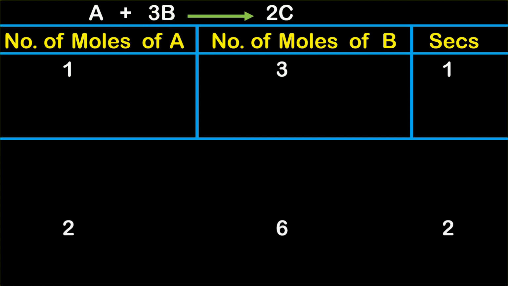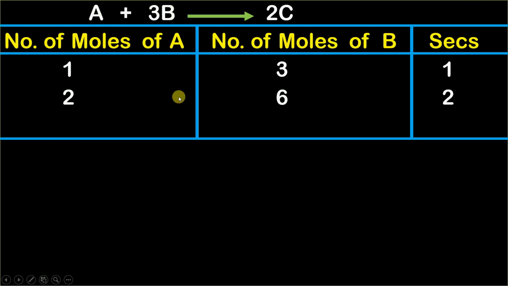So what if 2 moles of A get consumed? Obviously 6 moles of B will get consumed. You can refer to the reaction. In the reaction it tells that if 1 mole of A gets consumed, 3 moles of B will also get consumed. And if 2 moles of A get consumed, then obviously 6 moles of B will get consumed.